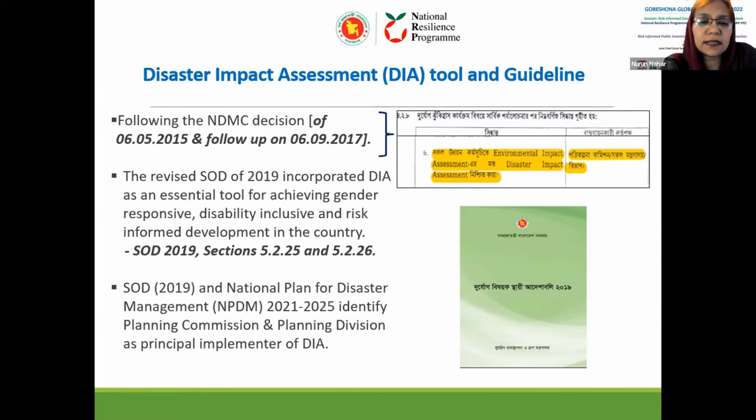Also the National Plan for Disaster Management, developed by the Ministry of Disaster Management and Relief, which is the second plan currently existing, identified the Planning Division as the principal implementer of a tool called the Disaster Impact Assessment, which we are now going to refer to as DIA.